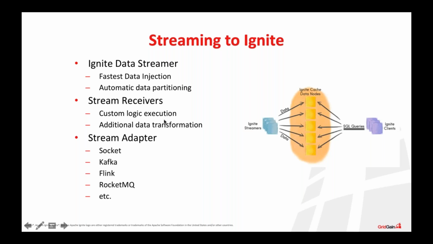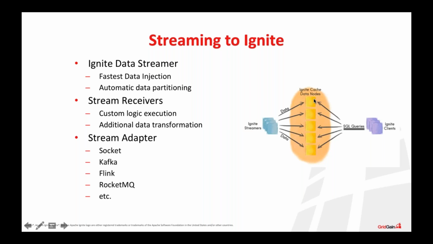Next, for every data streamer, you can set up a so-called stream receiver component, which is your custom logic, your custom callback. That will be called on a remote node side that will receive and process the data that is being streamed from your data streamer. So if we take a look at this picture, let's imagine that Ignite Data Streamer sends out the data to this node.